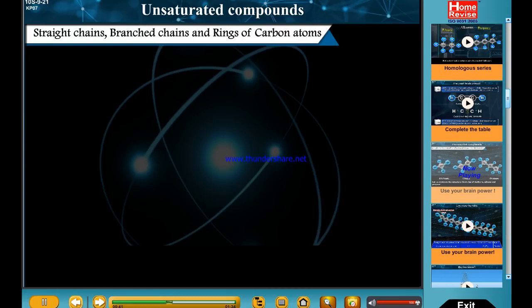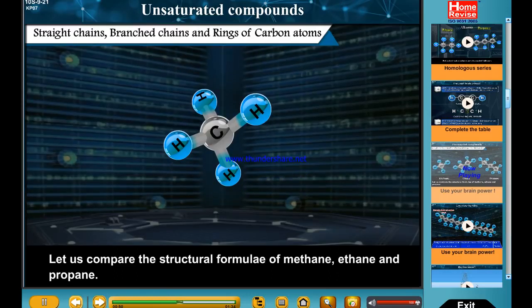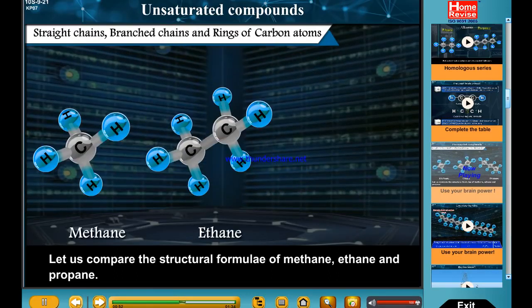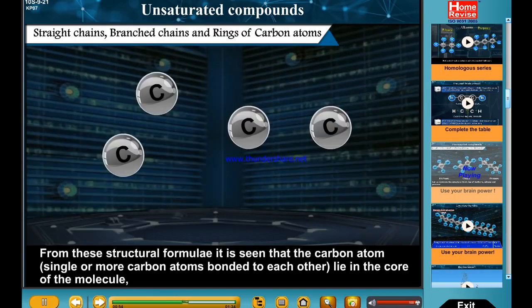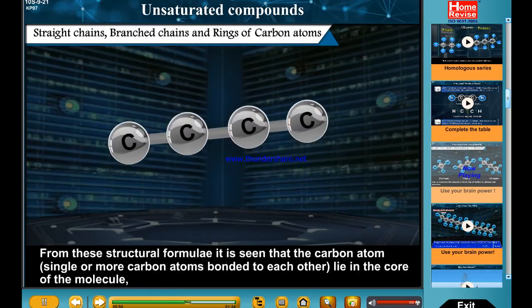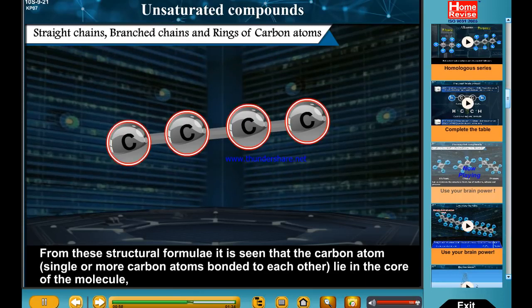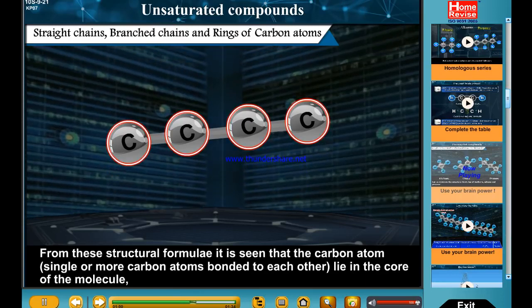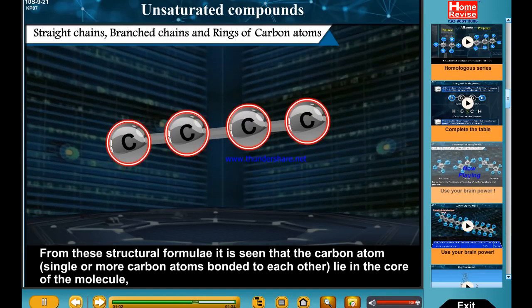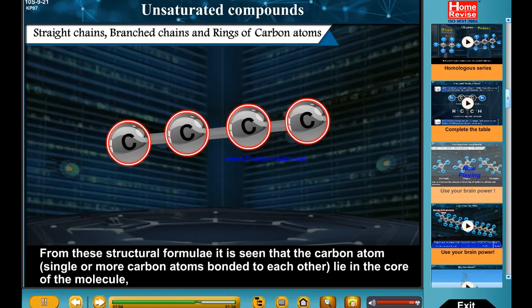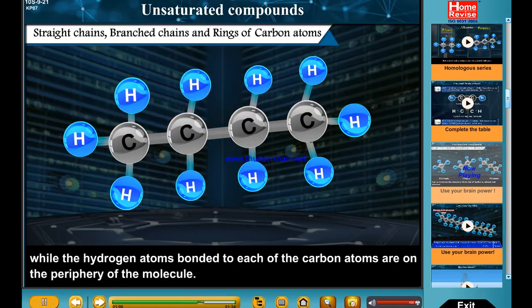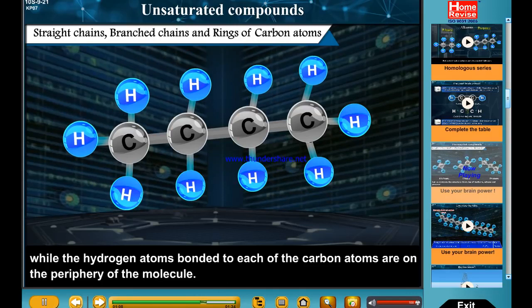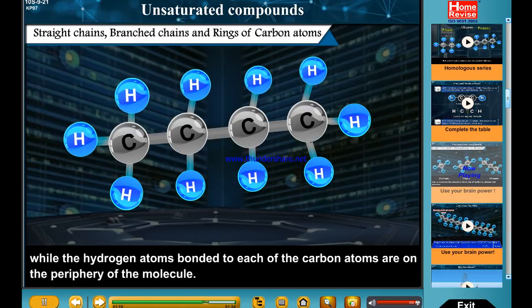Straight chains, branched chains, and rings of carbon atoms. Let us compare the structural formulae of methane, ethane, and propane. From these structural formulae, it is seen that the carbon atom, single or more carbon atoms bonded to each other, lie in the core of the molecule, while the hydrogen atoms bonded to each of the carbon atoms are on the periphery of the molecule.